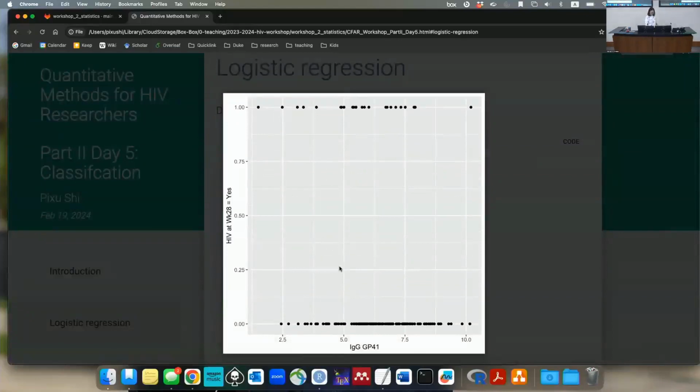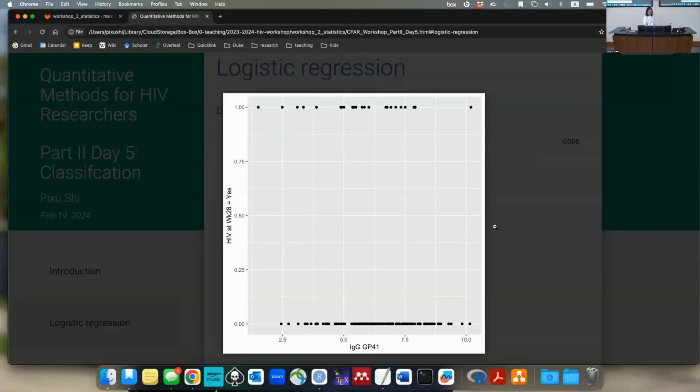For example, here, suppose that I'm using HIV at 28 week as the outcome and the IgG level as the predictor. I want to see if this is a good predictor for the infection status. And you can see that I only have two values for the outcome. And if you fit a straight line there, it doesn't really make sense.